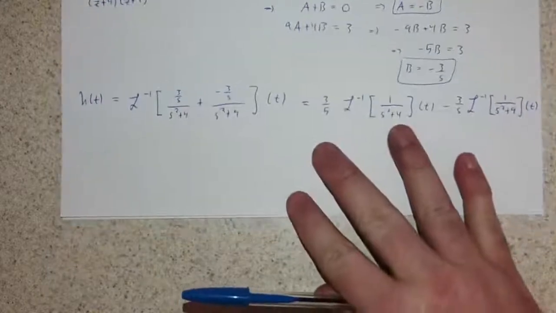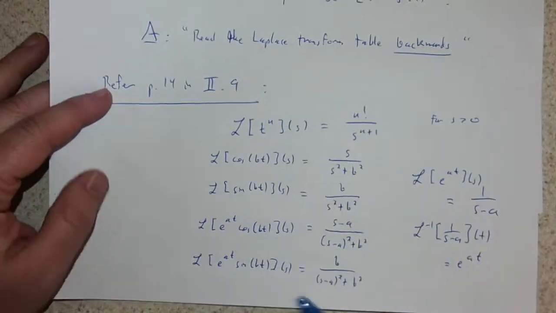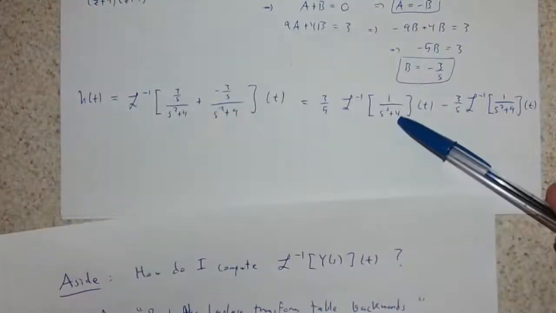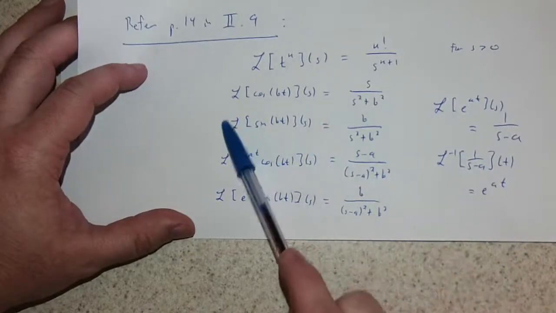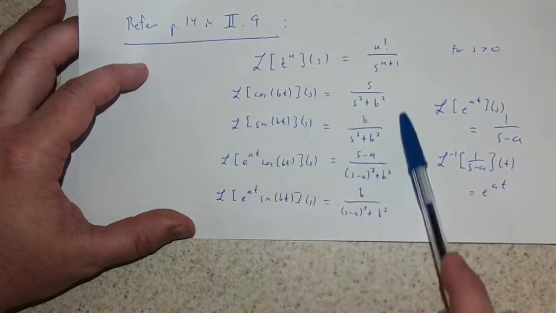Let's look at my table. Is there anything in this table that looks like 1 over s squared plus 4 or 1 over s squared plus 9? This one does.